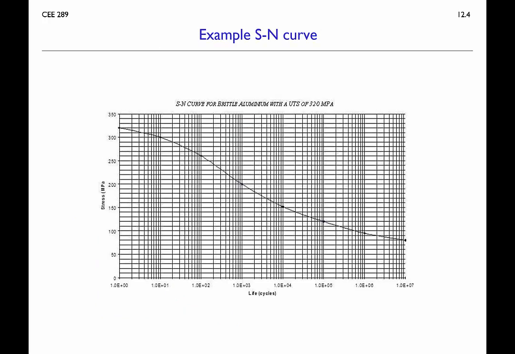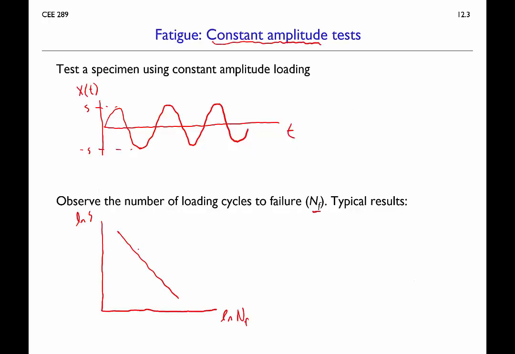And the form of that equation, if it's linear in log-log space, is that NF is equal to 1 over C S to the minus B. So the C and the B are constants.